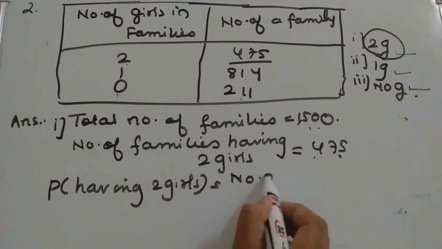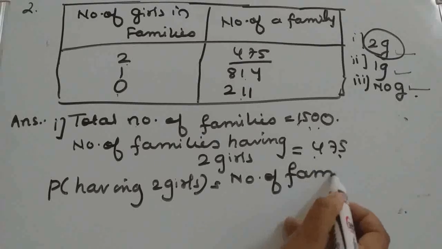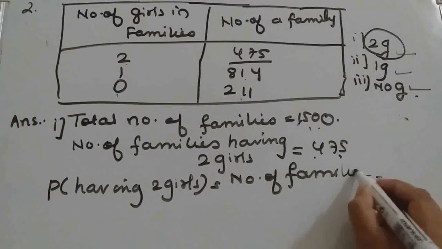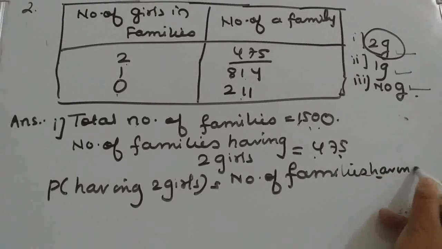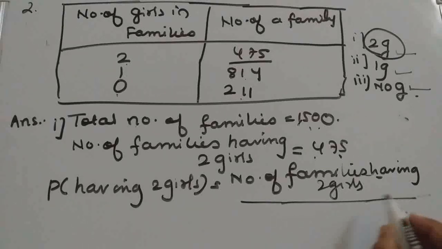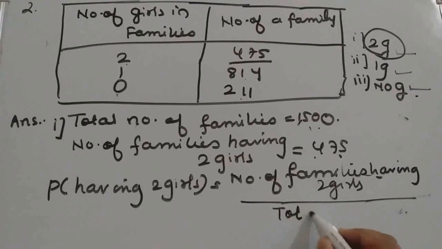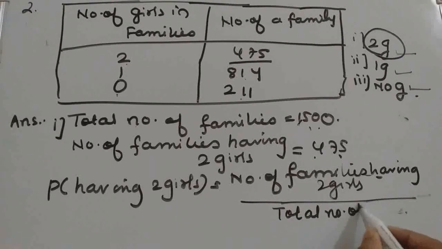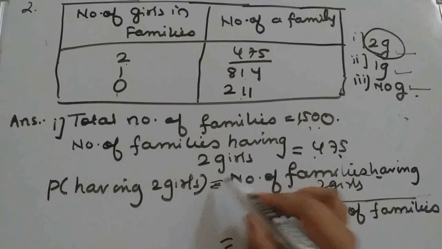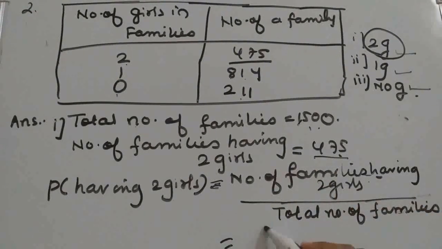Number of families having 2 girls divided by total number of families, isn't it? This is the probability formula we learnt in the intro part. Now the number of families is also given: 475 divided by 1,500.